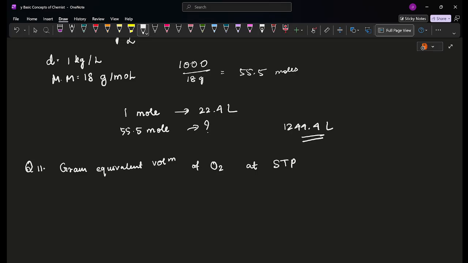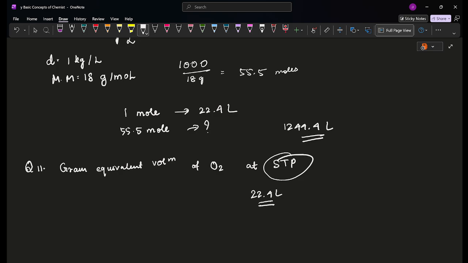And moreover they told it is at STP. So since volume, let's remember we have to do something with this. And the n factor of O2 is something that we need to know.